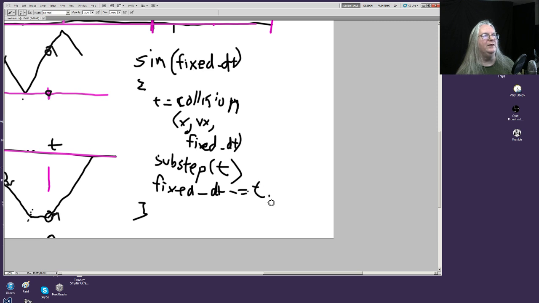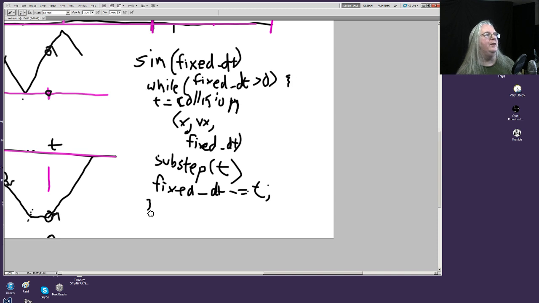I should have called that dt as well, but whatever. And then we actually put this in a loop, which is a loop of while fixed dt is greater than 0.